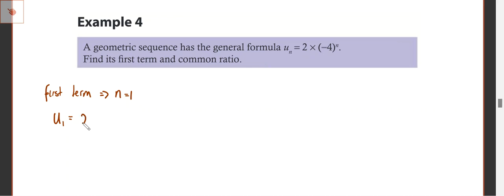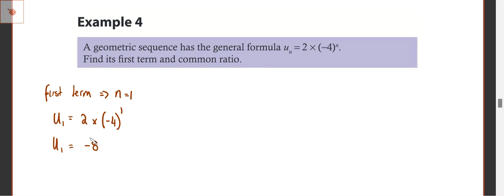It's going to be 2 times -4 to the power of 1. So what is that? 2 times -4 is negative 8. So there's the first term.